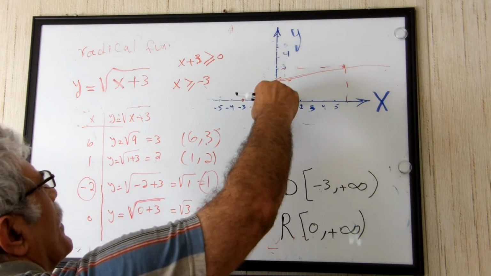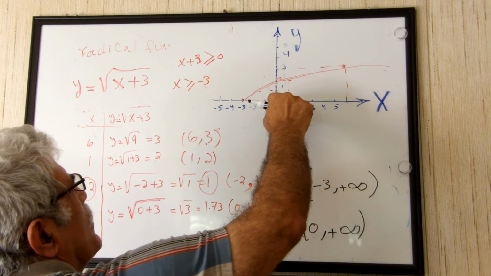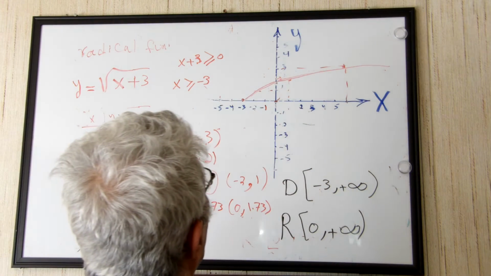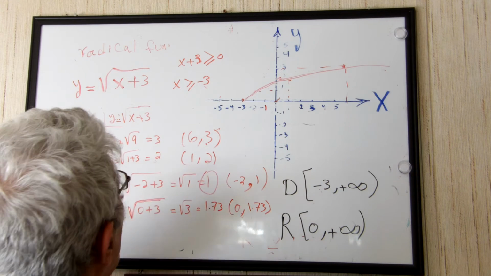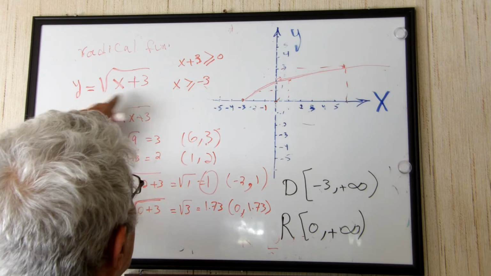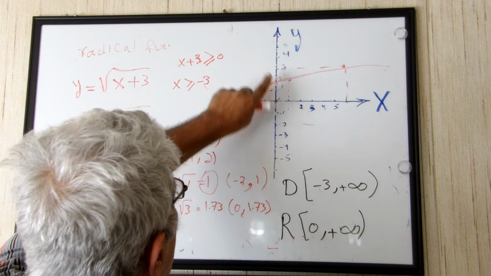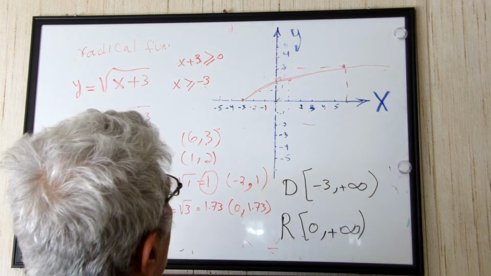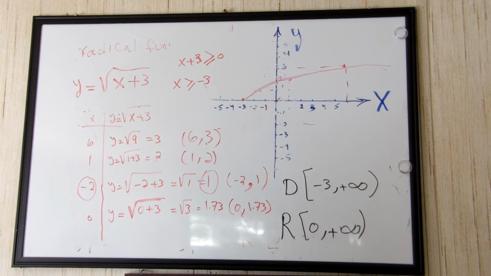Whatever is above this, if I start from 0, y can be 0, and then greater than 0, 1, whatever it's going to be. So it starts from 0. This is the range of this function.